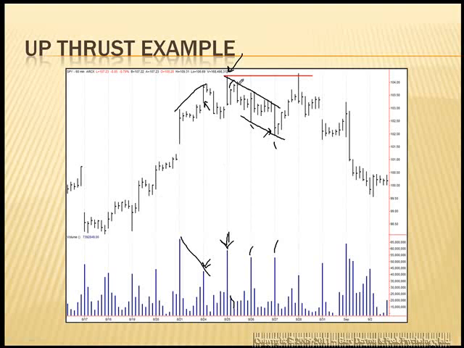But the overall structure is showing that we now have a bigger down wave for the first time and smaller up waves for the first time in this trend. And we see signs of supply coming in. Okay, everybody see this. This is really important. This is how you read a chart.